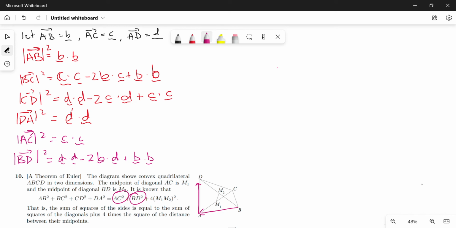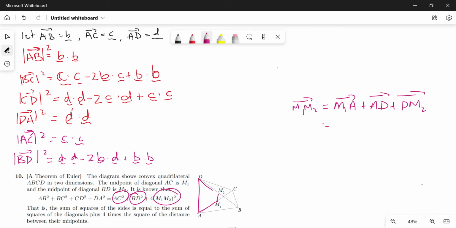And the last one we need is M1 M2. If we're going from M1 to M2, let's do this on the side here and then we'll rub it out. Another way to do that would be to go around: M1 to A, then A to D, and then D to M2.